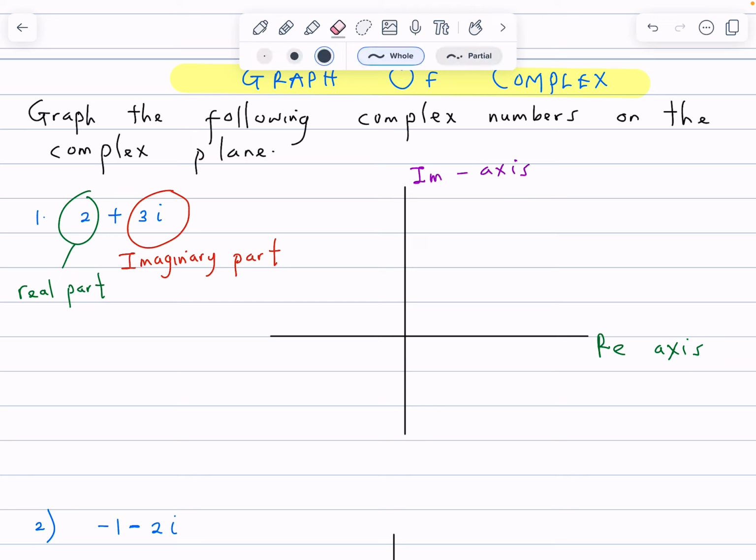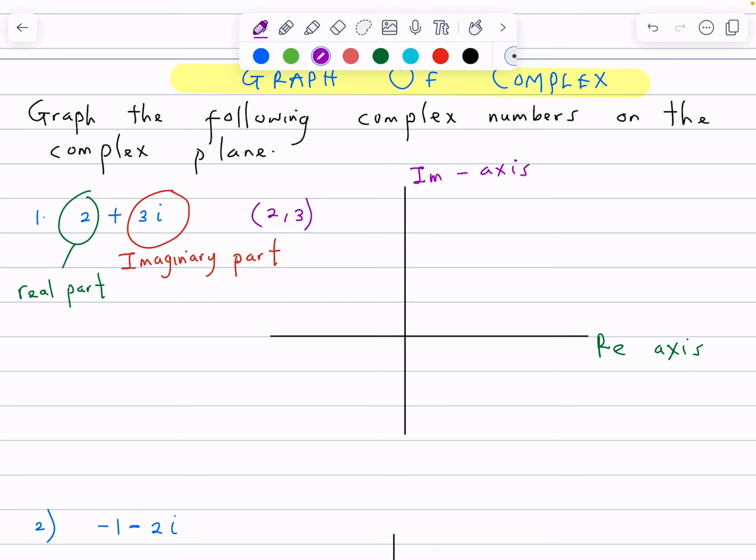Now basically, if you want to graph a complex number, it's kind of like graphing a point. So I can write this as 2 comma 3.